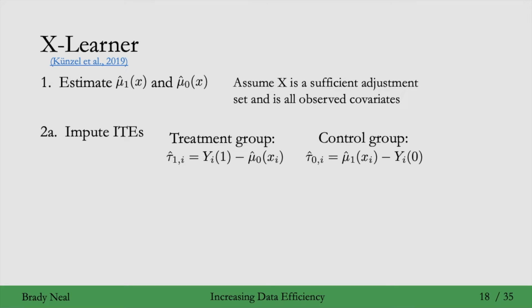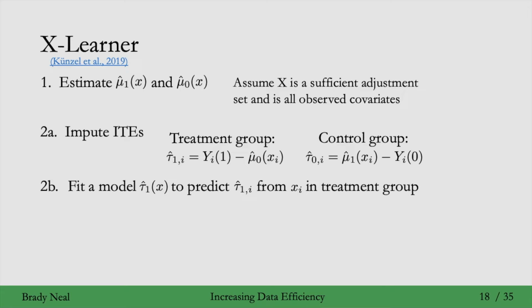Okay, so for a given ITE, say let's consider the treatment group ITEs, for a given treatment group ITE, we use the data from one outcome in the treatment group here, and we use all of the control group data. And the way we're able to use all of the data, not just one outcome in the treatment group, is doing what we do in step 2b.